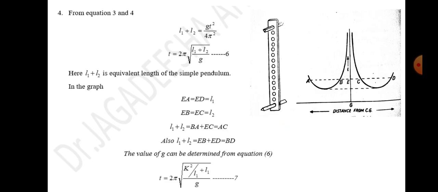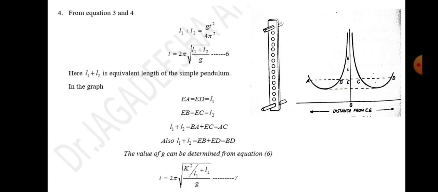Here L1 and L2 are equivalent to the length of the simple pendulum. Look at this figure: EA is equal to ED, the distance from E to A and E to D is always the same. Assume that length is L1. EB and EC, assume that length is L2.